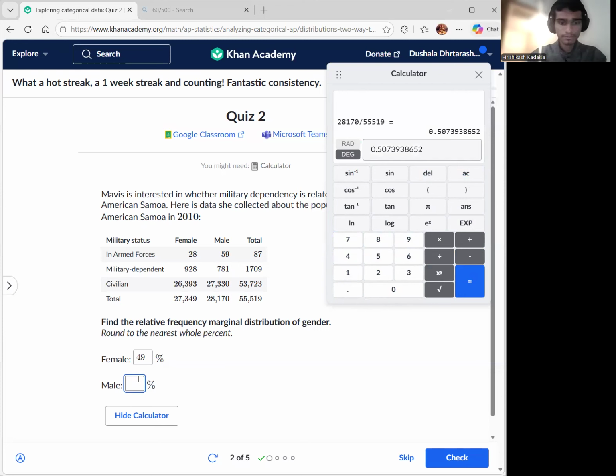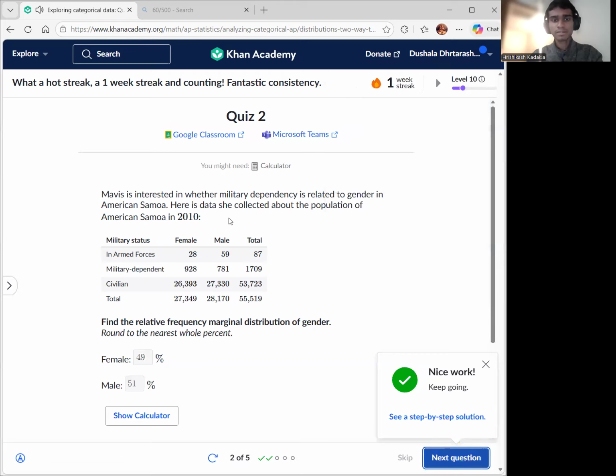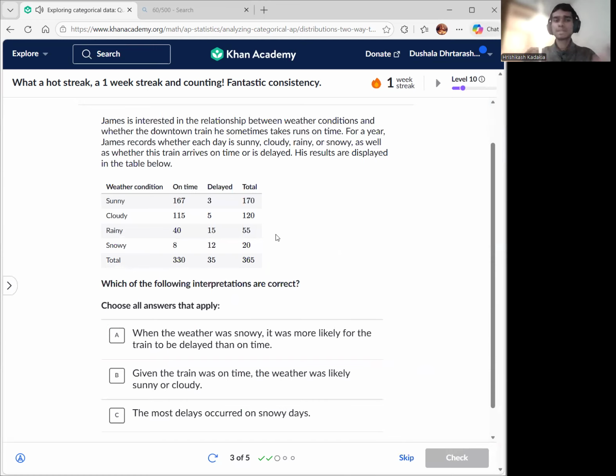That is about 50 percent. There we go. So actually it's a pretty good balance between the genders, like nearly 50-50.